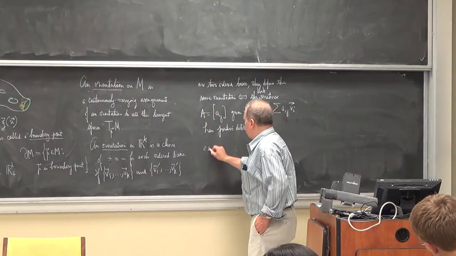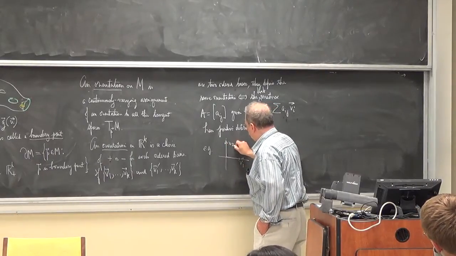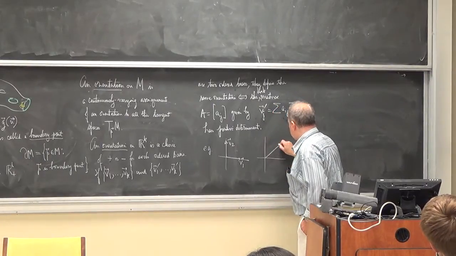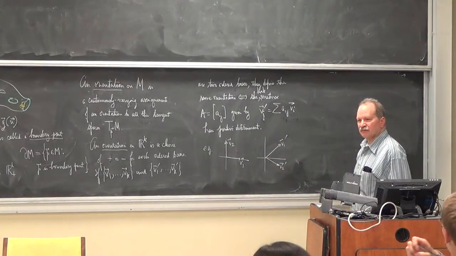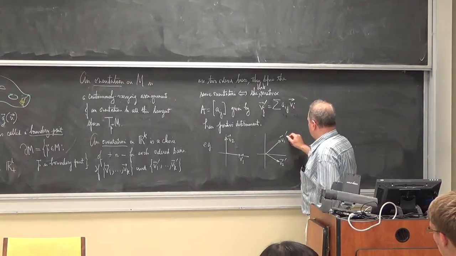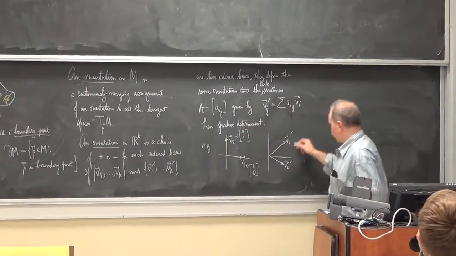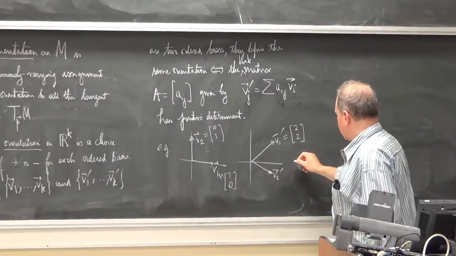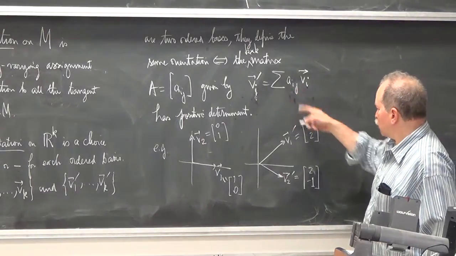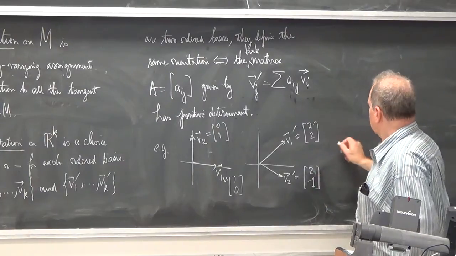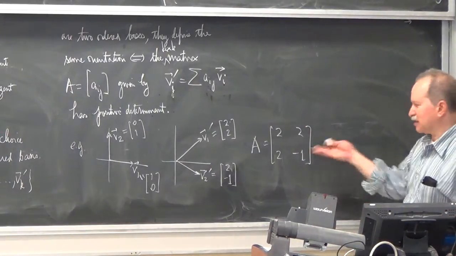So for example, if I took the standard basis for R2, and I took this basis, then, for example, if these were the standard basis vectors, and this were the vector, say, (2, 2), and this was the vector (2, -1), I would write down the matrix whose column vectors were these vectors, and I would ask myself, what's the determinant?